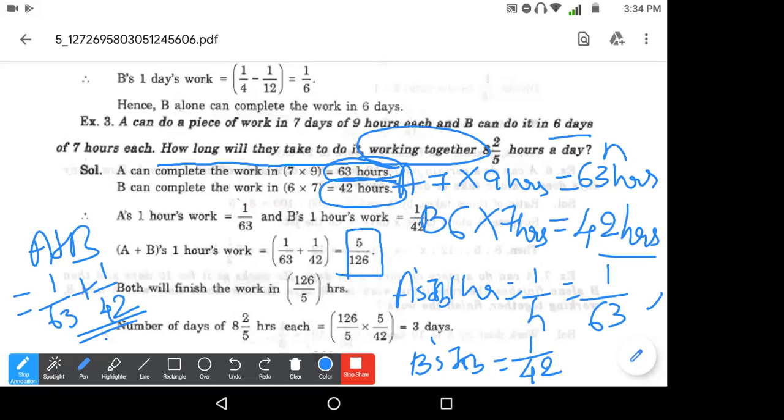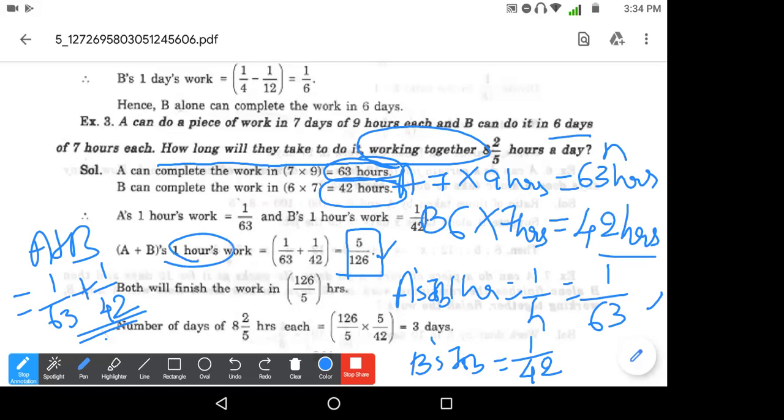That is the work that has been completed in 1 hour when A and B work together. How much work? 5 by 126 work will be completed. Now this is for 1 hour.